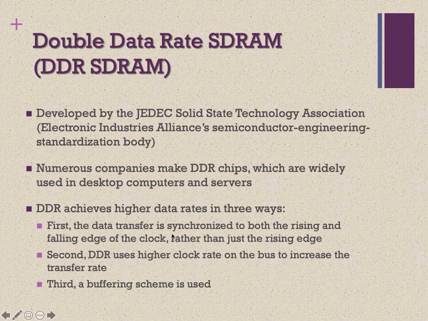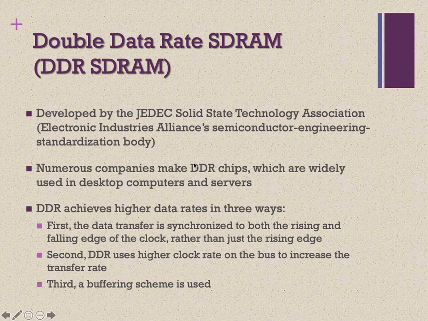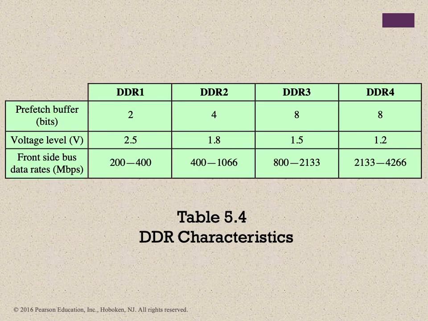First, the data transfer is synchronized to both the rising and falling edge of the clock. Here you see it's synchronized only to the rising edge of the clock, but in DDR it's synchronized to both the rising edge and the falling edge. Second, DDR uses a higher clock rate on the bus to increase the transfer rate, and third, a buffering scheme is used.